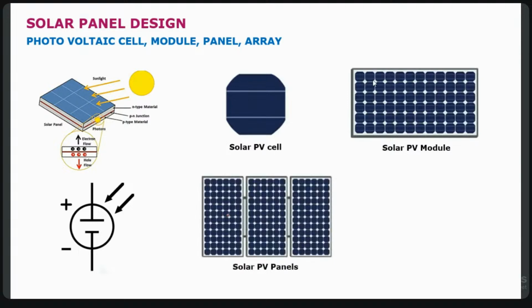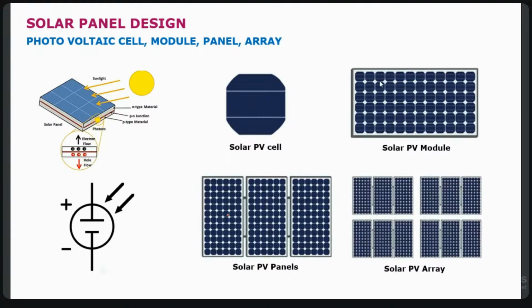And the combination of solar PV modules is nothing but solar PV panels. The combination of solar PV panels is nothing but solar PV arrays, which is what we call a solar park.